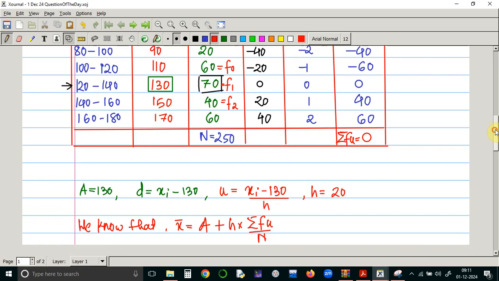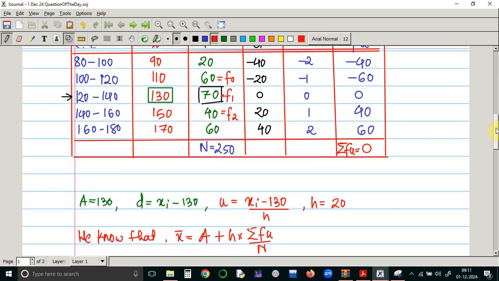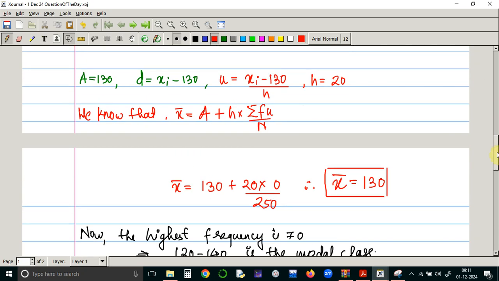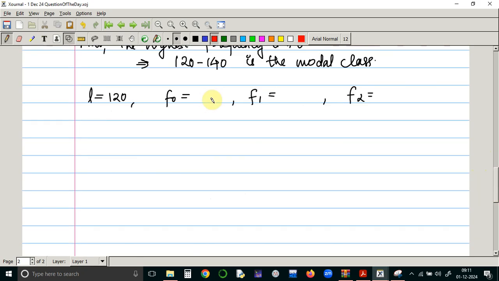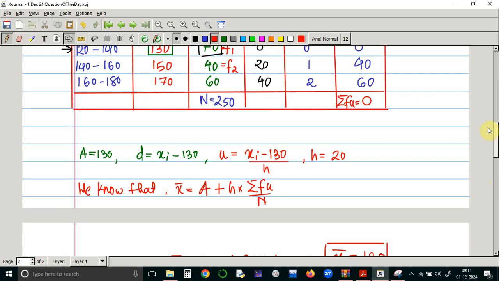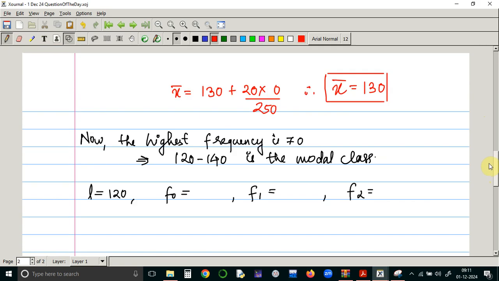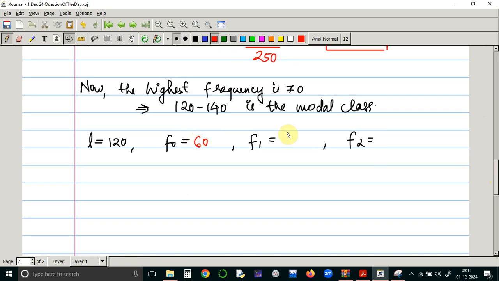F0, F1 and F2. Then you will be writing the formula for the mode. What are the values? 60, 70, 40.